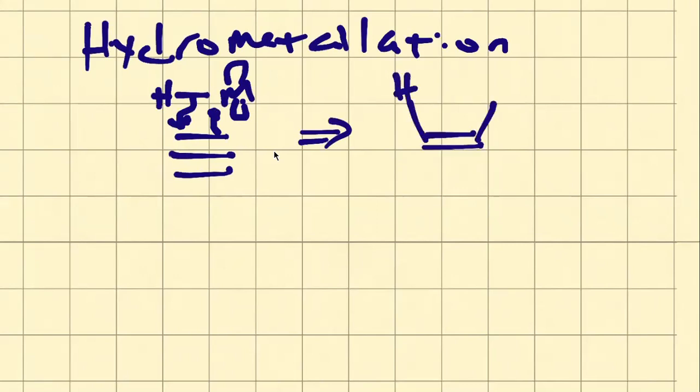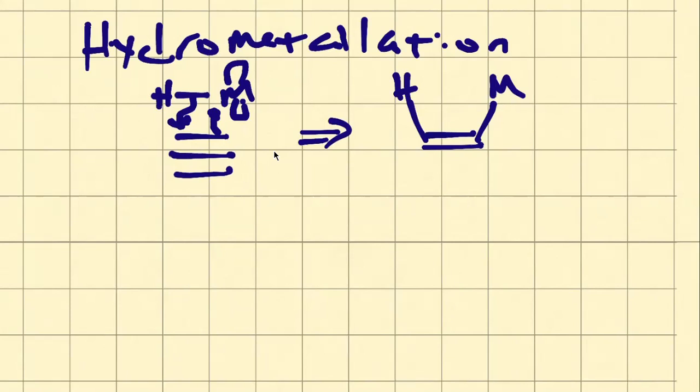Where your metal or metalloid is now a part of that alkene. And using alkynes just precludes rearrangement. If you use an alkene, there's too much potential for rearrangement. So we want to start with an alkyne, right?